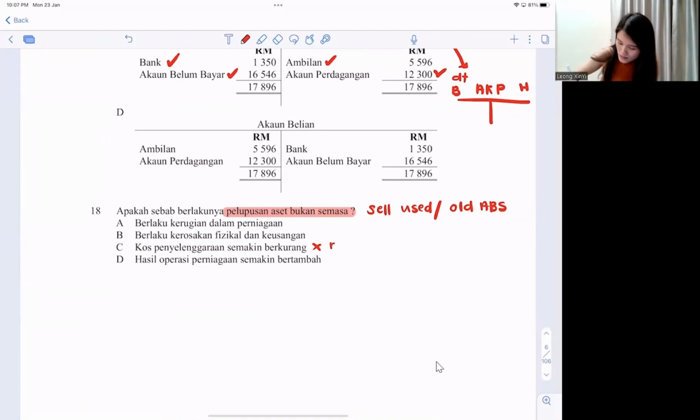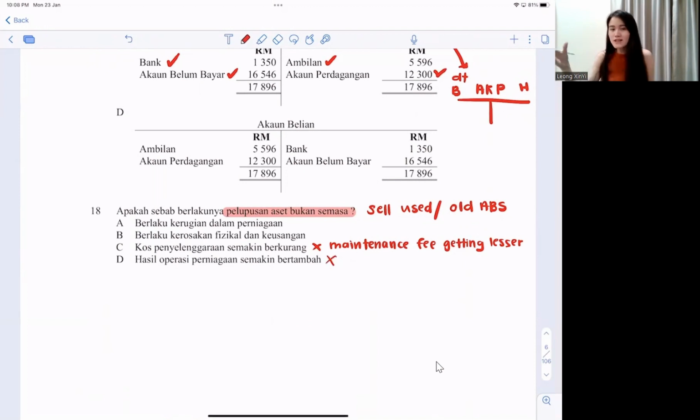Okay, maintenance fee getting lesser. Wrong. If it's getting lesser, why would I let go? Okay, now hasil operasi perniagaan semakin bertambah. Wrong. Again, it's the same concept. It's a good thing. Why would I sell? And while hasil is getting more, why do I need to sell? I don't even need the money.